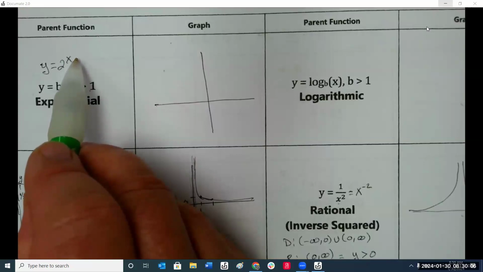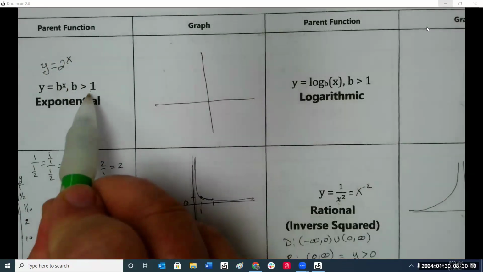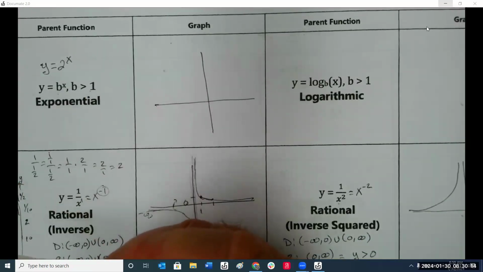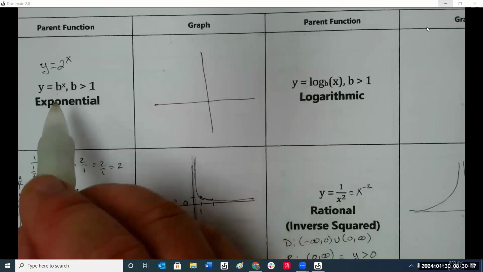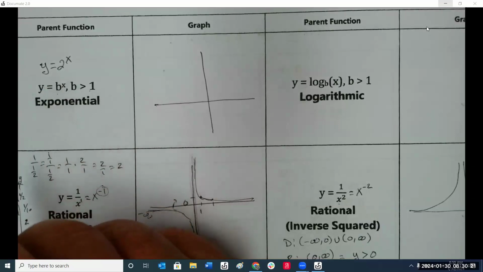1 to any power is what? It's 1. So it would just be a horizontal line. Boring. If it's 0, 0 to any power is 0. So again, it's a horizontal line. If it was negative, what would happen to the graph there?